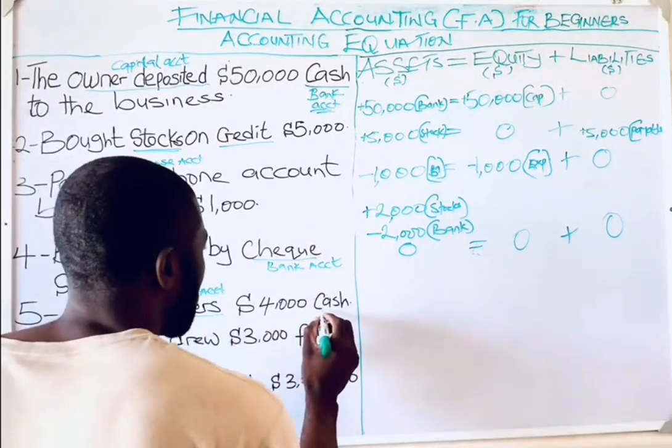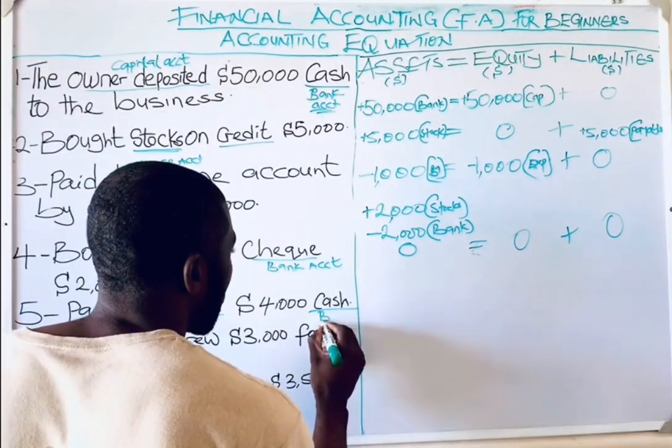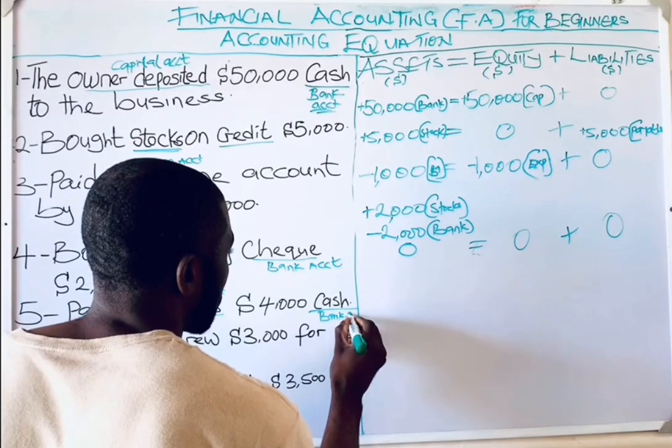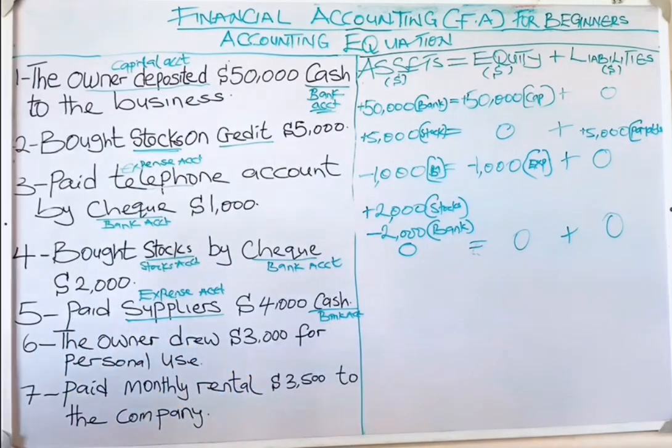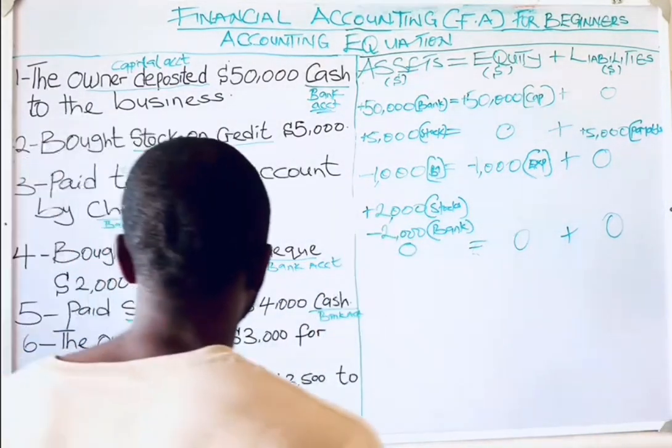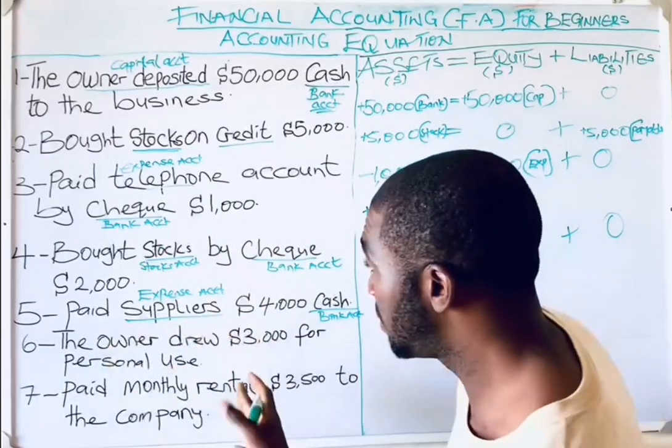And here is our cash, which is our bank account. So we have identified the account. Let's just put it. Now I know you can do it by now.